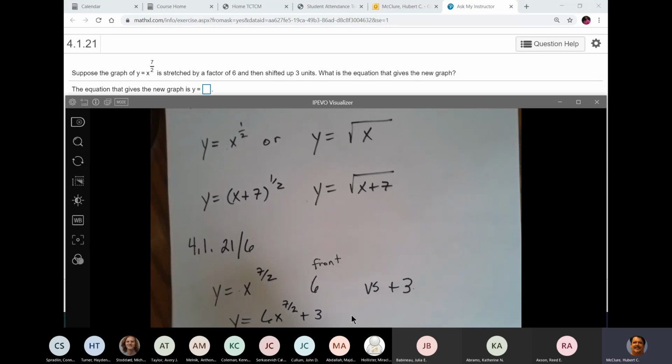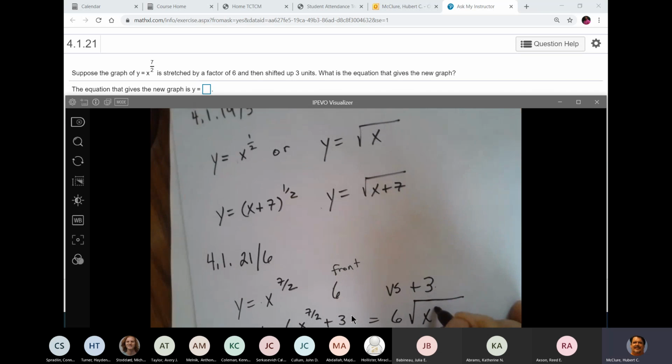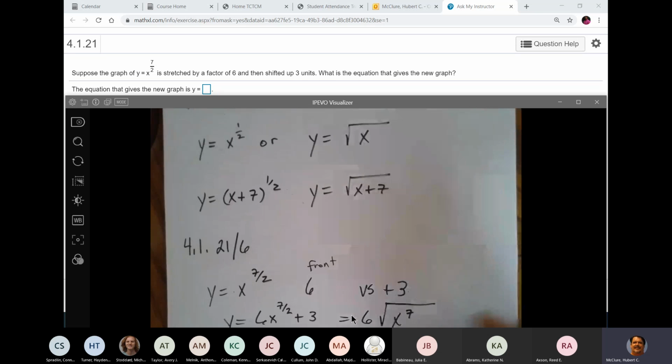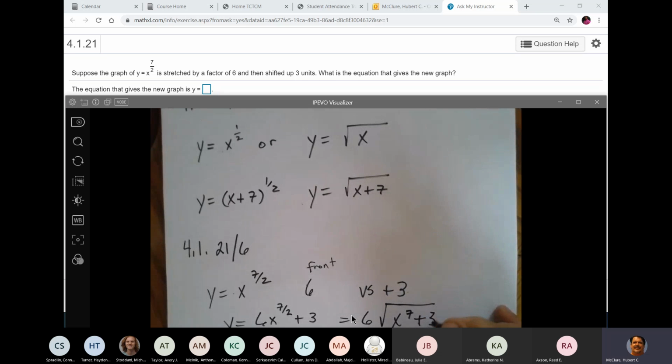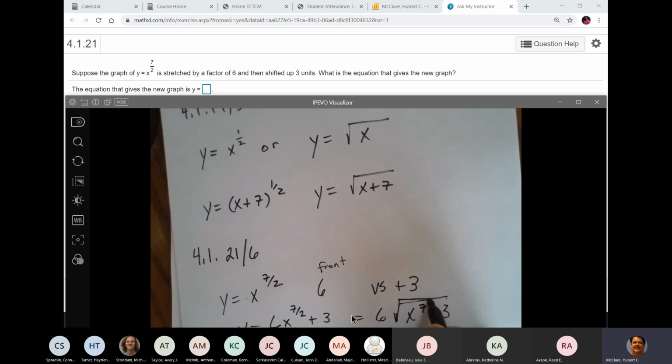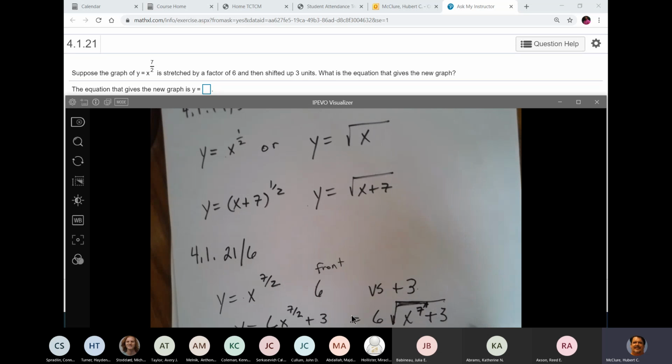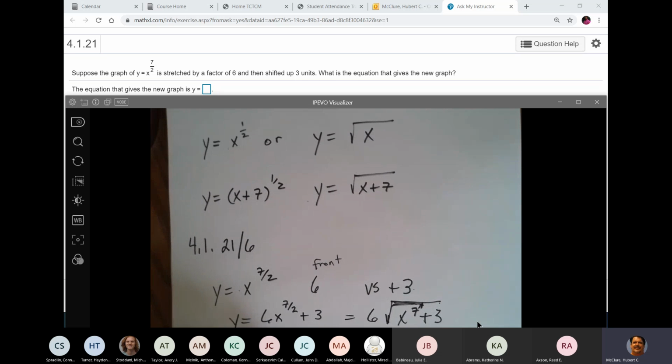Or you could put it in a radical, and it would be 6, the square root of x to the 7th power, plus 3. That square root would end right there, sorry. So however you want to write it, I would probably write it like that.